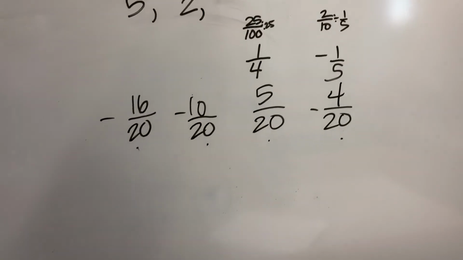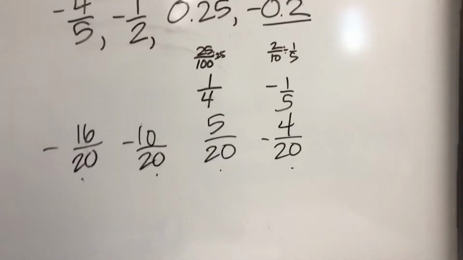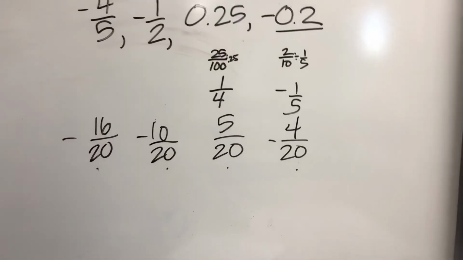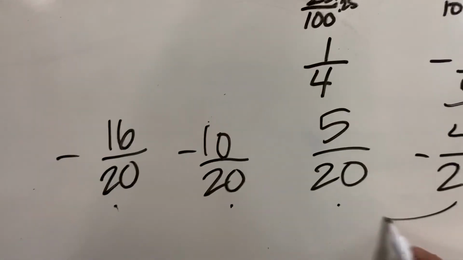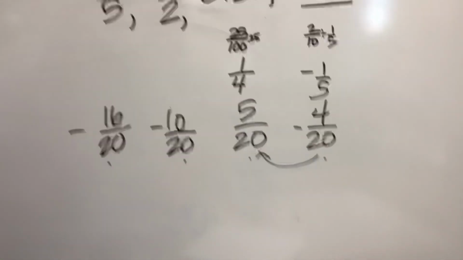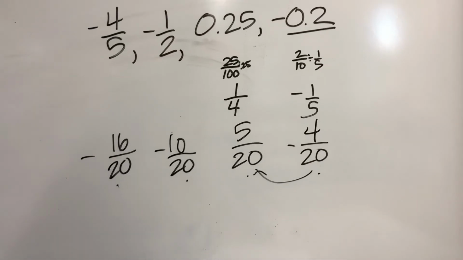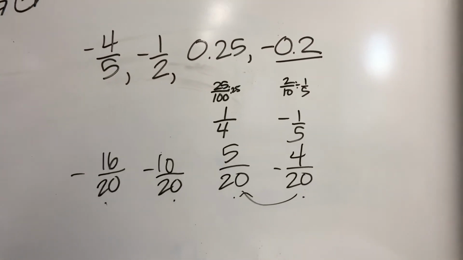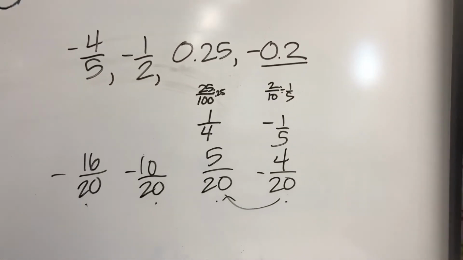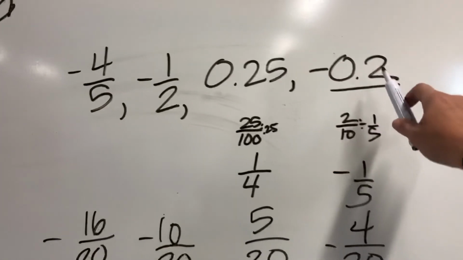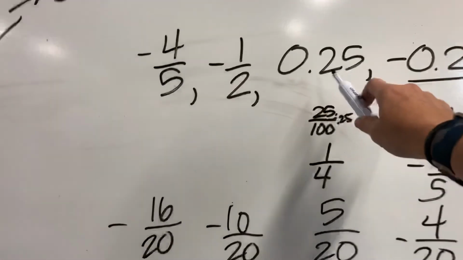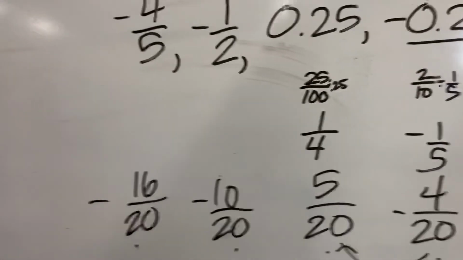So when we're writing this one, oh, you guys, it was already in order for us, wasn't it? No, hold up. Sorry. I'm trying to do too many things at once. Okay, so we could switch up our order there. So if we're taking a look at this one, we go negative 4/5, negative half, or 1 over 2. Then we do our negative 0.2, or 2/10, and then our positive 0.25.